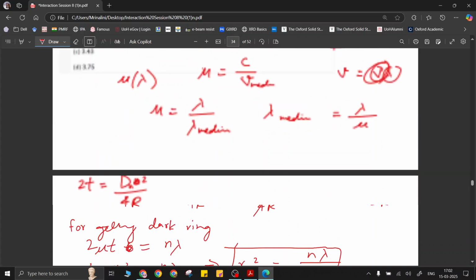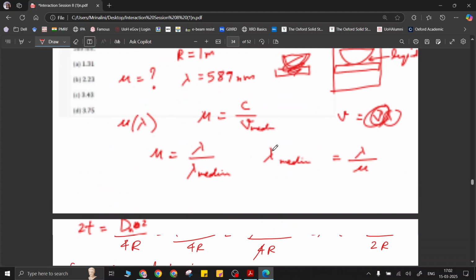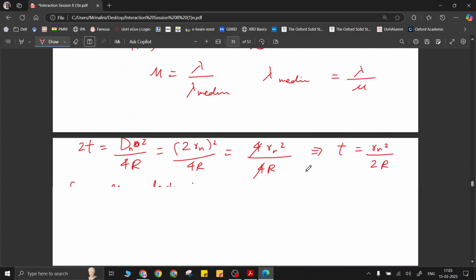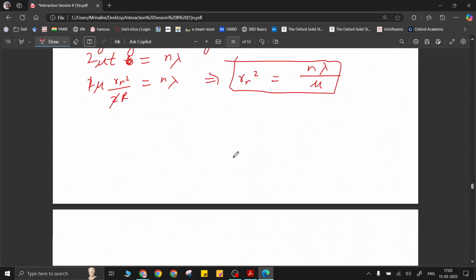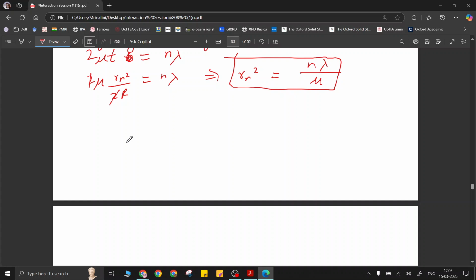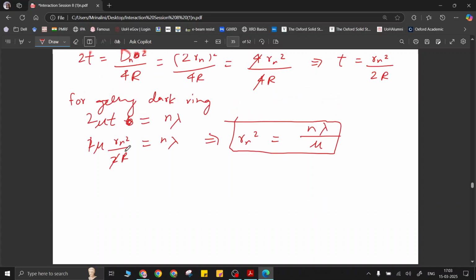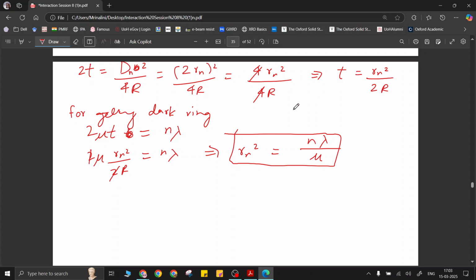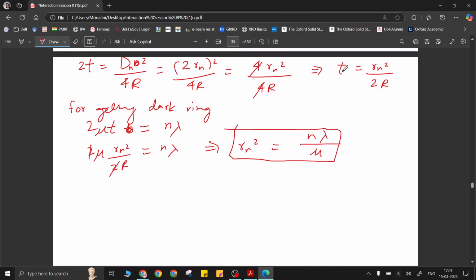So we have seen that lambda in this medium will be lambda in air divided by refractive index mu. Now, further, this relation we found out. So from rn squared it will be 2dr also.